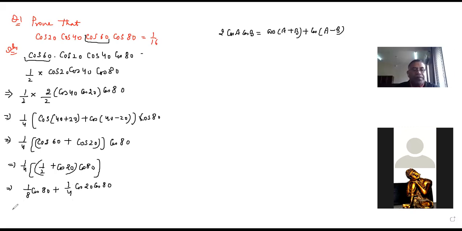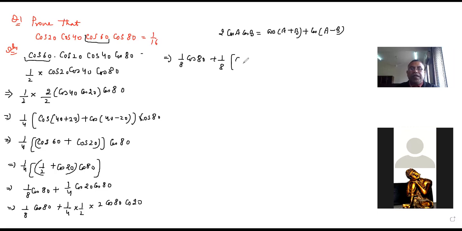So again, we will apply the result. 1 by 8 cos 80 plus 1 by 4 divide by 1 by 2 multiply by 1 by 2. So which implies 1 by 8 cos 80 plus 1 by 8 bracket 2 cos 80 cos 20.